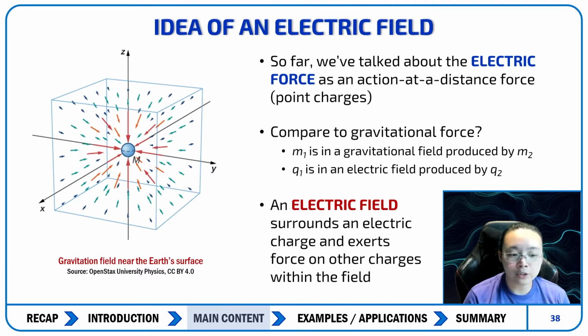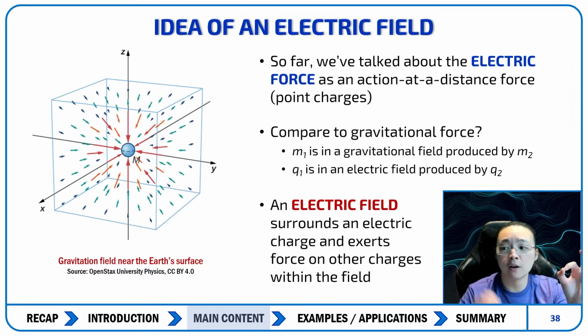The analogy I like to use is the one with a gravitational field. So far we've talked about the electric force as an action at a distance force. So with two point charges, you have one over here, and there's going to be some sort of attractive or repulsive force between the two objects. Now, if we compare it to a gravitational force, we have one mass and another mass, mass 1 and mass 2.